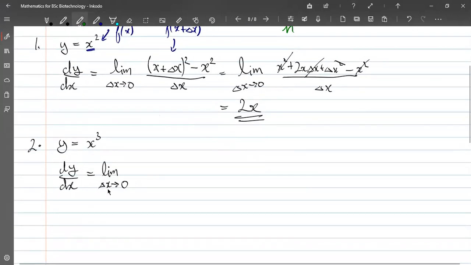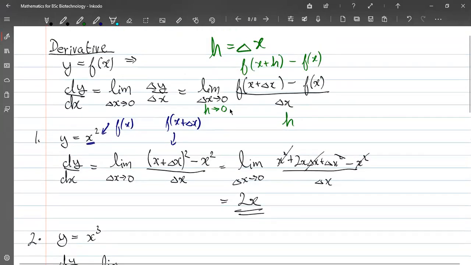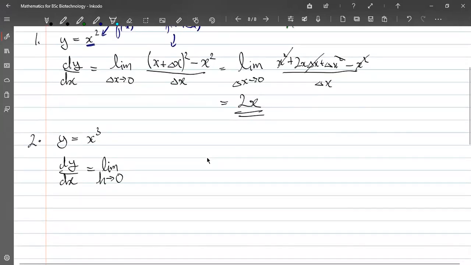So here, let me use h instead of delta x. So you can say limit as h approaches 0, f of x plus h minus f of x. f of x is x cube.